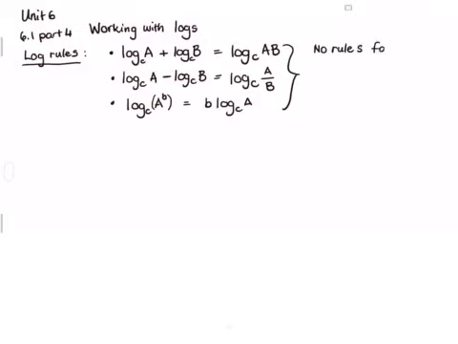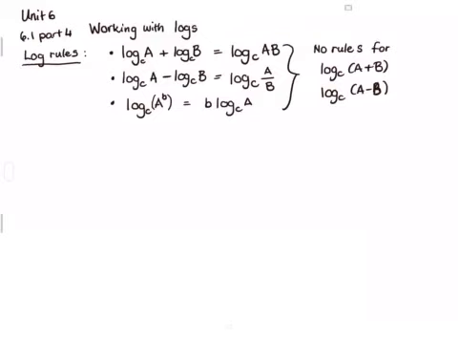There are no rules for log of A plus B and log of A minus B. I'm sorry, that's a B. There are rules for log plus log, which becomes a single log that you multiply.